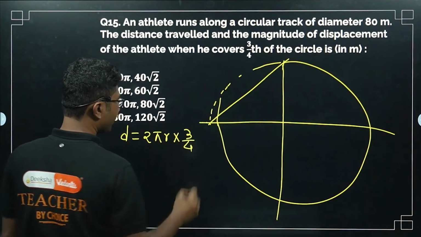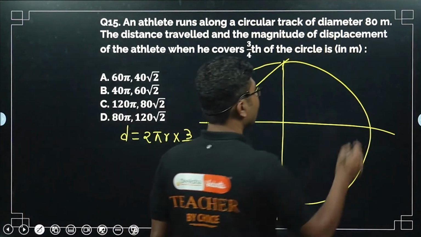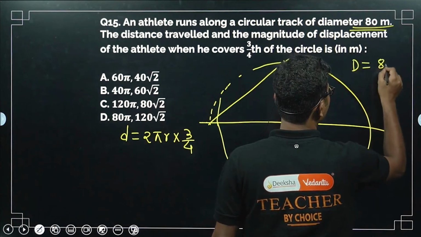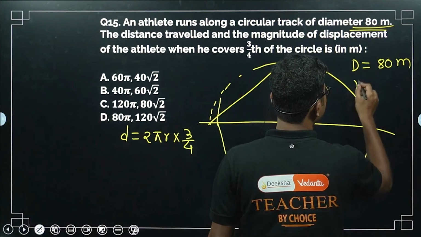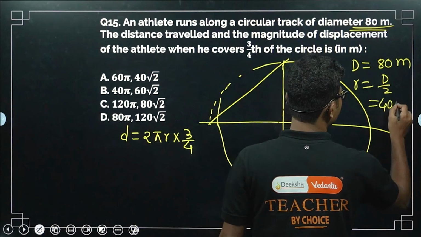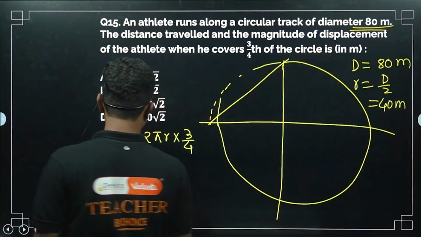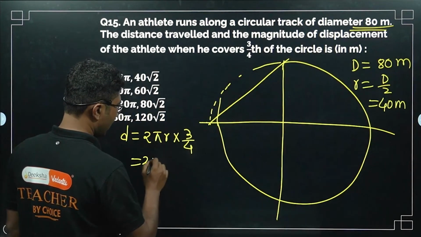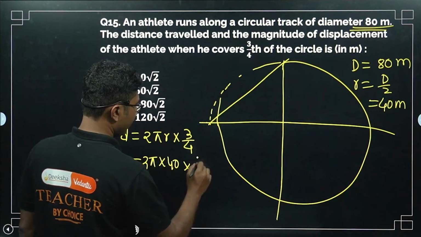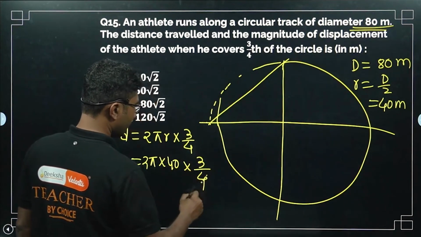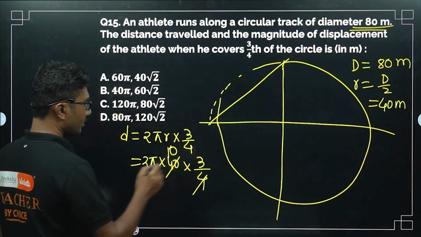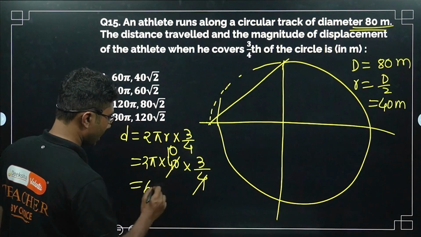Now what is the diameter? Diameter is given as 80 meter, so radius is d by 2, that is 40 meters. Put the value here: 2 pi into 40 into 3 by 4. So 40 cuts into 10, 3 twos are 6, 60 pi.